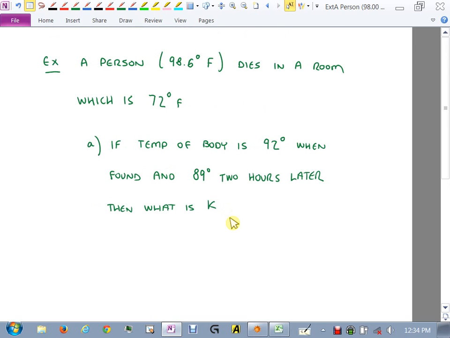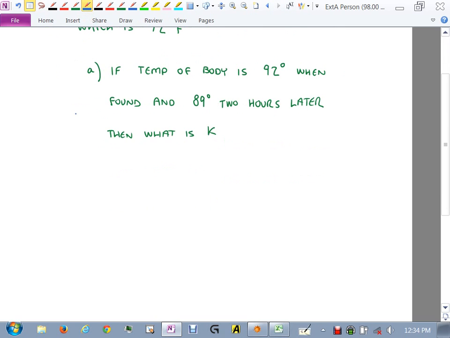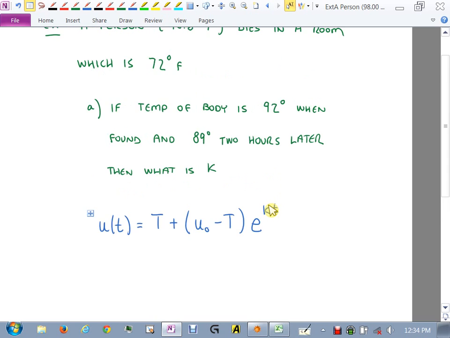So how can we do this? Yeah, let's just write the formula down. U of t equals capital T plus (U naught minus T) e to the k little t. All right, what do we know here? We know big T. What's big T? 72 degrees.